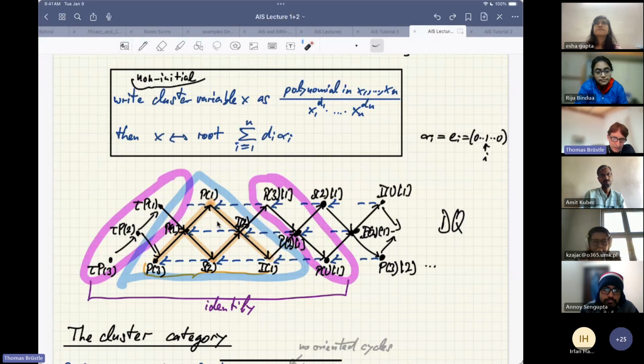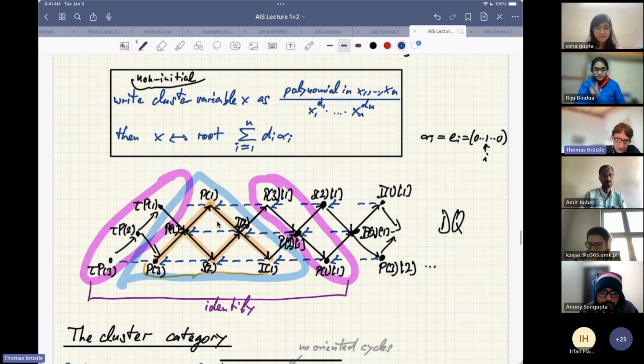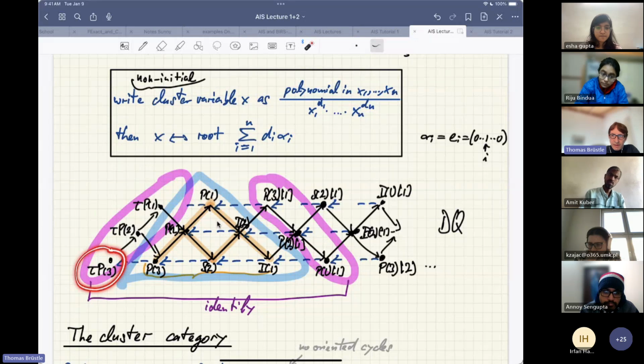So let's start. Here's a module, the projective P3. If I go with the tau shift to the left, then I find tau P3 here. And how do I get this one? This is the shift. This is P3 shift 1.